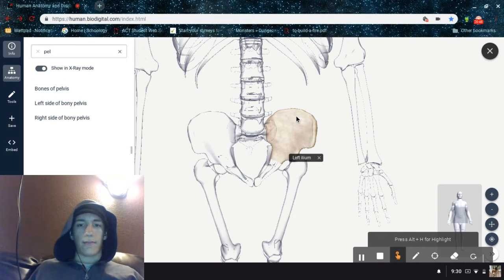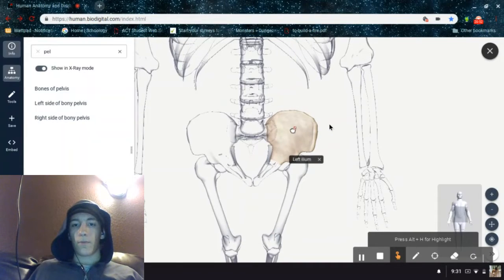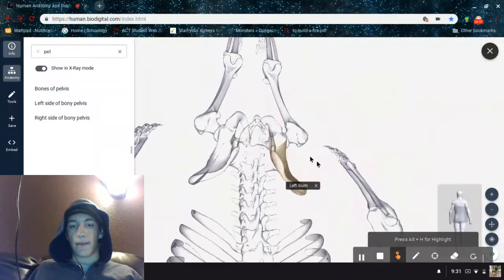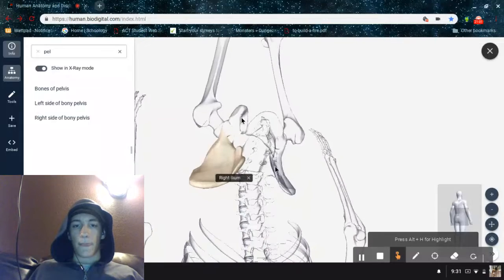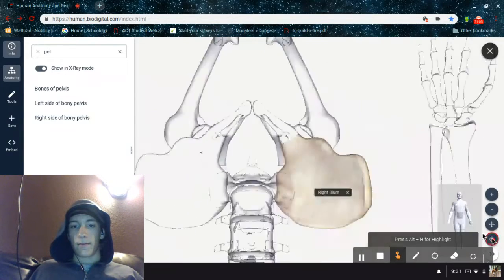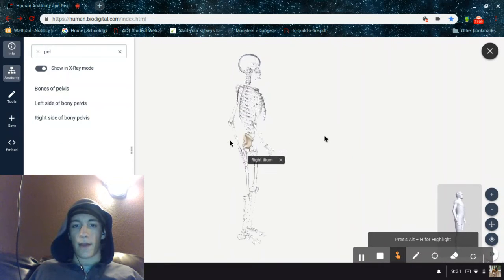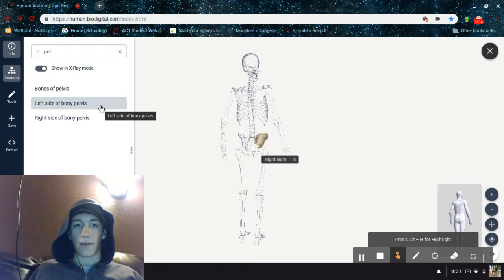I don't understand, but we need to get over onto the other side of this ilium. I'm going to flip around, and then I'm going to focus again on the left side of the bony pelvis.